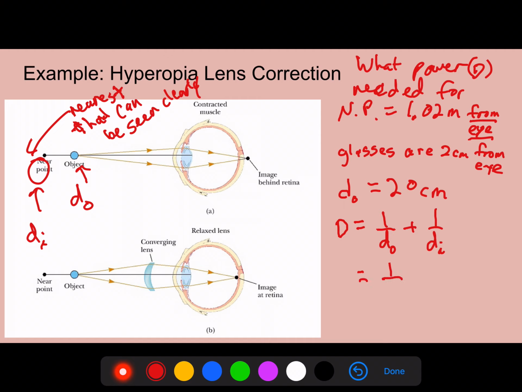So we have 0.2 meters for the object distance minus 1 over 1 meter for the image distance. What this gives me then is a plus 4 for my diopter. So this could be a little bit of a challenge to find in the drugstore if you're just trying to find reading glasses. You may need to actually visit an optometrist if you need a diopter that large.